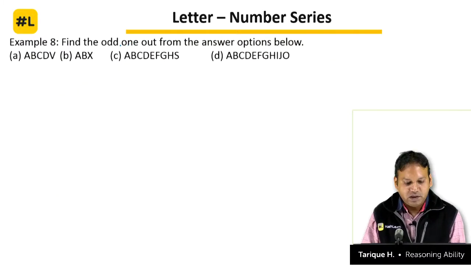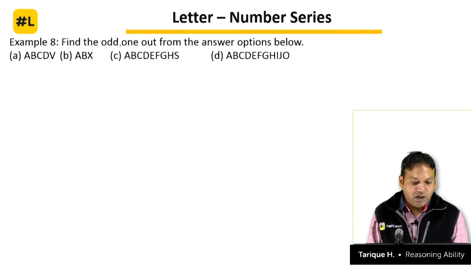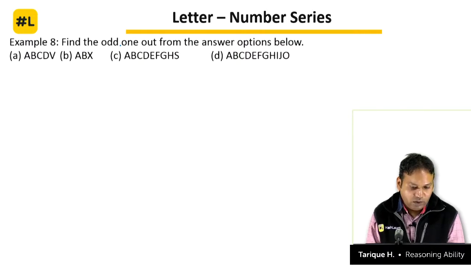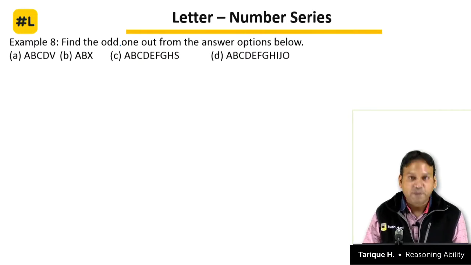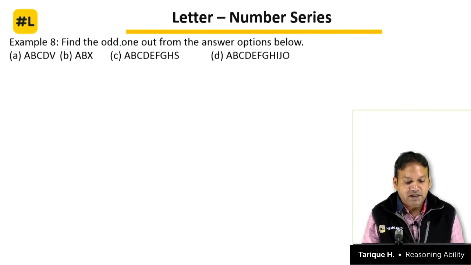Now let's go to the next question. It is again based on finding the odd one out from the answer options below. So here we have A, B, C, D, V, very similar to the previous question.